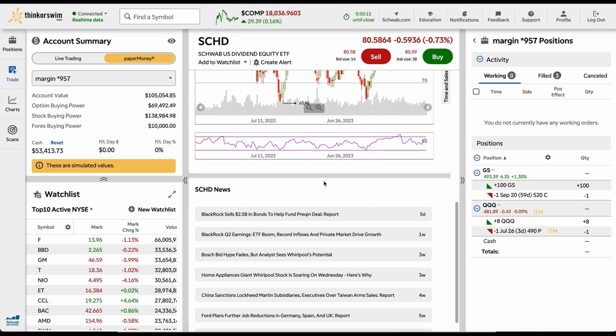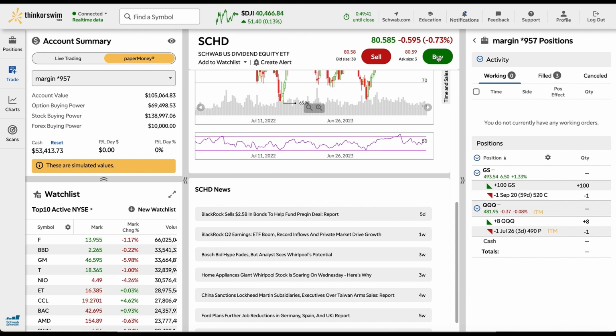Let's get started. Today, I'm setting up a new trade campaign on SCHD, Schwab US Dividend Equity ETF, which right now is trading at a share price of just over $80. I have available in this account $53,000, which is more than enough to set up a position where I can take advantage of cash secured puts, covered calls, dividends, and capital appreciation.